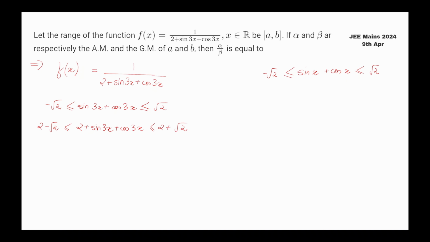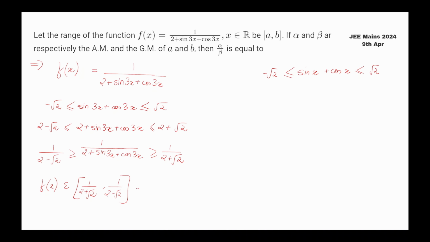So this is 1/(2 − root 2) greater than or equal to 1/(2 + sin 3x + cos 3x) greater than or equal to 1/(2 + root 2). Now I've gotten my range. So f(x) ranges from 1/(2 + root 2) up to 1/(2 − root 2). So this is the range that I've gotten.